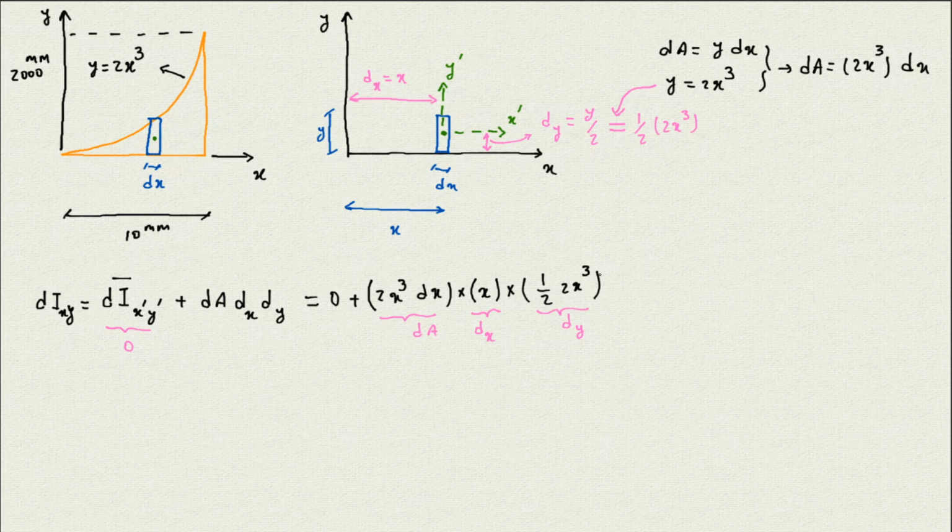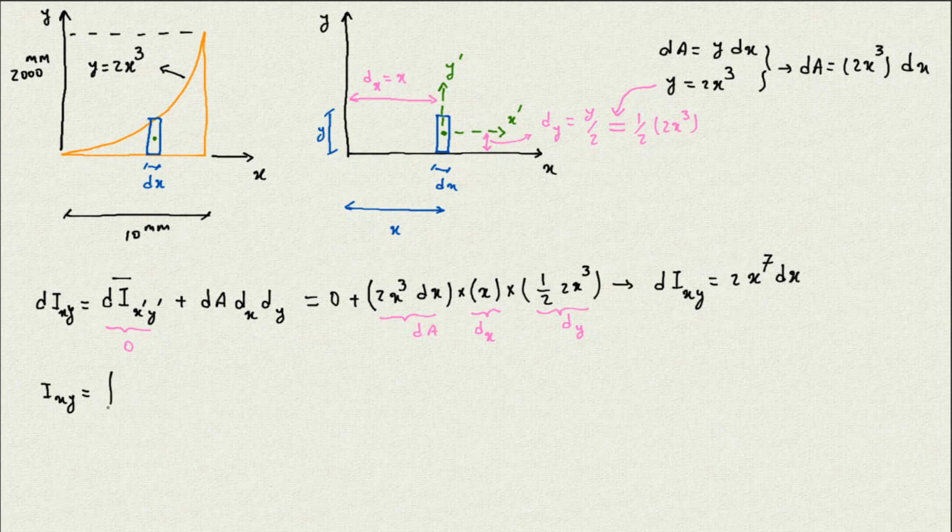So if I do the calculation, then I am going to have the dIxy. The product of inertia for this rectangle here comes out as 2x to the power of 7 dx. Now to calculate the product of inertia, Ixy, I just need to integrate this value here.